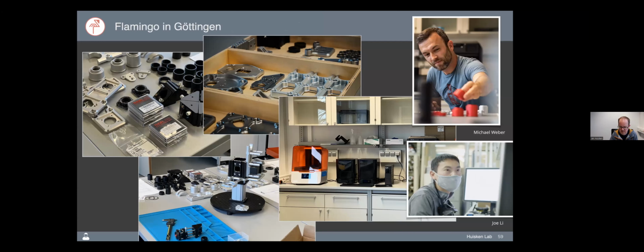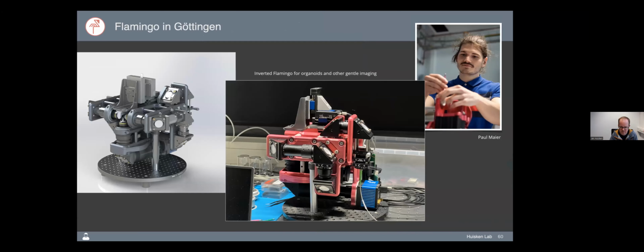So this is what it looks like in the lab. It's a lot of parts from the mechanical workshop and 3D printed parts. We also have a version in pink now, because the mechanical workshop was really excited about the idea of anodizing the parts in pink. They thought that would be a better fit for a Flamingo.